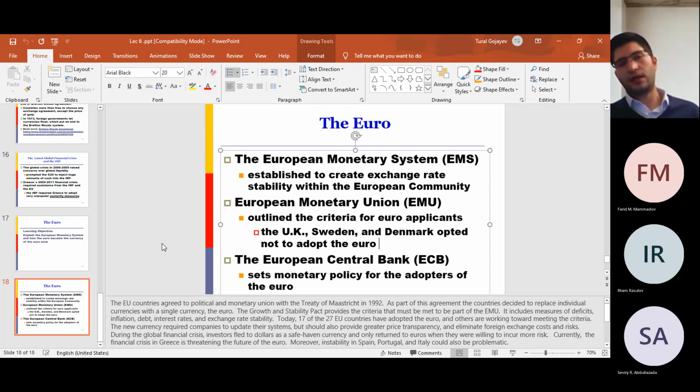It regulates monetary policy in the member countries, but the member countries still regulate their fiscal policy currently, though not 100%, let's say just about 50%. Monetary policy is absolutely regulated by the European Central Bank. As I said, it creates some advantages and disadvantages.